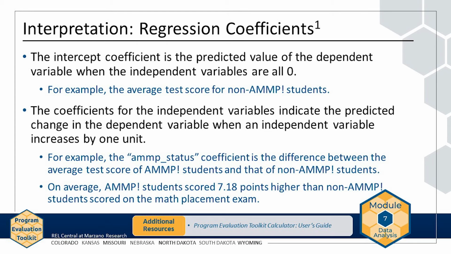So for this example, the intercept coefficient represents the average test score for non-AMP students, 76.44, and the AMP status coefficient represents the difference, 7.18, between the average test score for non-AMP students and the average test score for AMP students. For information on additional outputs of the Program Evaluation Toolkit Calculator, see the Program Evaluation Toolkit Calculator User's Guide, available on the resource page of the website.